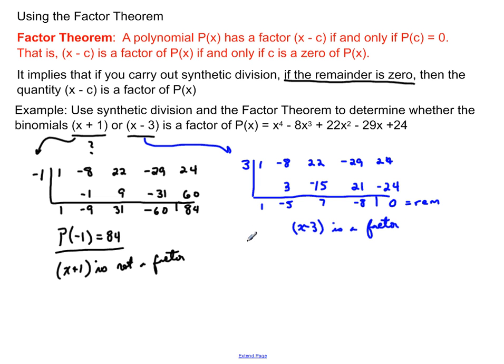Well, what that means to us is that p of x, the original function, could be rewritten as the divisor, x minus 3, times the quotient polynomial, in this case, x to the 3rd minus 5x squared plus 7x minus 8.